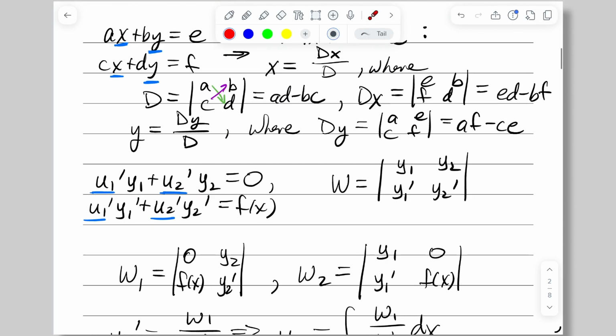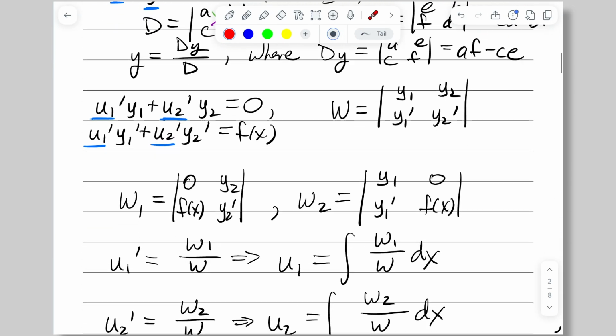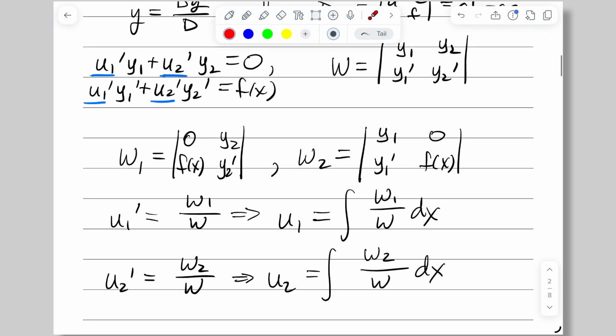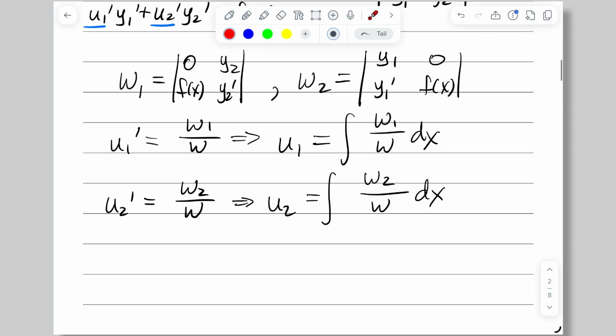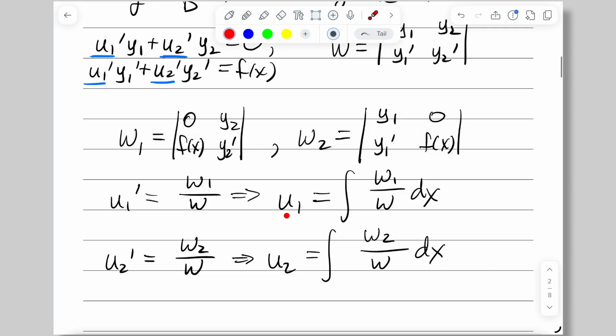Now, I said I wouldn't ask you to reproduce this process here. I won't. What you need to know is essentially on this page: I need you to know what the Wronskian is, what W1 is, what W2 is, what u1 and u2 are.